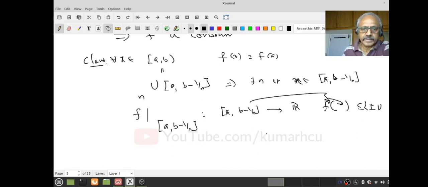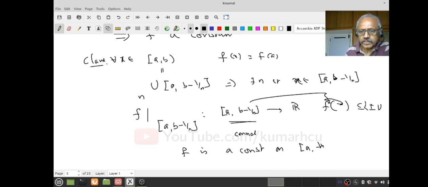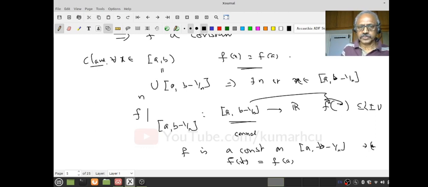This is what we said: if f from X to Y is continuous and A is a subset of X, and I restrict f to A, then f is continuous on A with the subspace topology. Therefore, this is continuous. Now, what do I know about this? This is a connected set. Therefore, f is a constant on [A, B minus 1 by n]. Therefore, for every t here, f of t must be f of A. And x belongs to this, therefore I proved this claim.